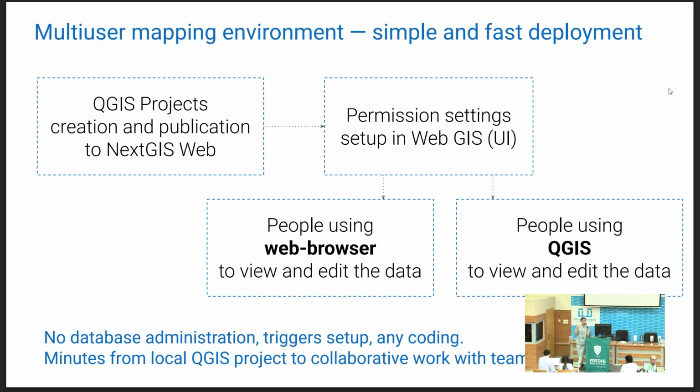So the main idea was to build some kind of out-of-the-box solution, so you can simply publish a project and then 100 people start editing it from their QGIS instances or web maps, with whatever they prefer. So minutes from local QGIS projects to collaborative work with a team of any size. That is the idea.